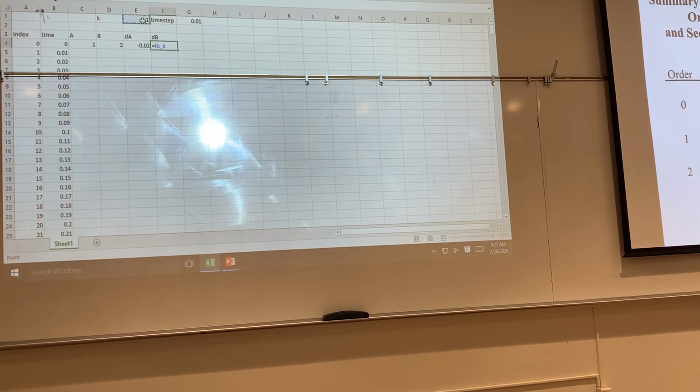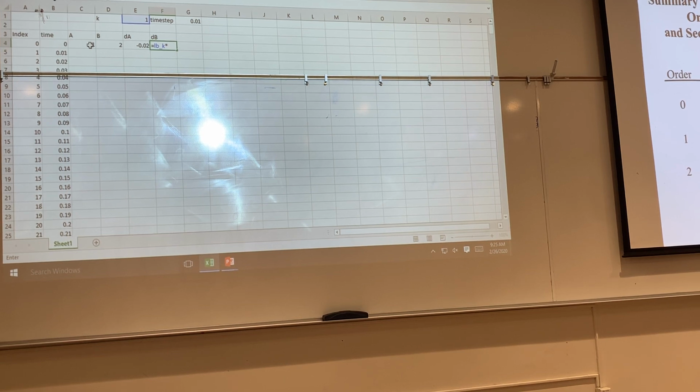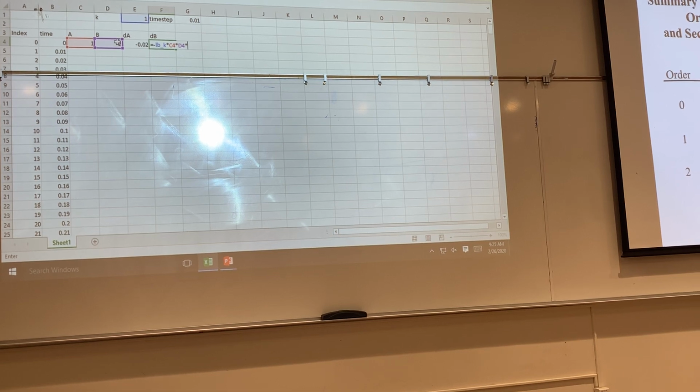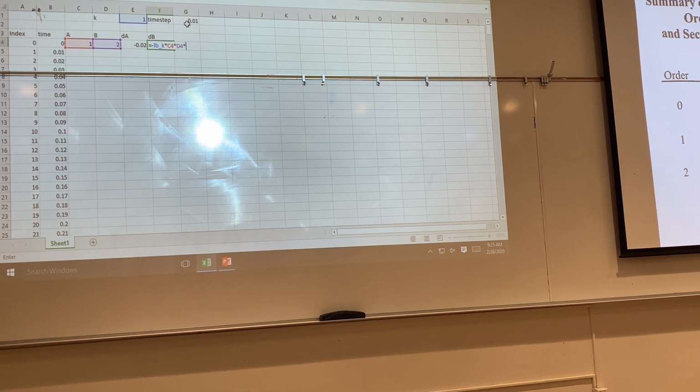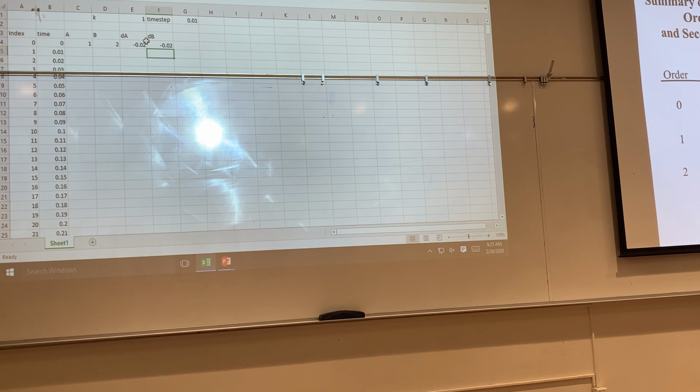K times the K times the A times B times the dt. And that is of course the same amount as the A, was 1A and 1B, being consumed in unison.